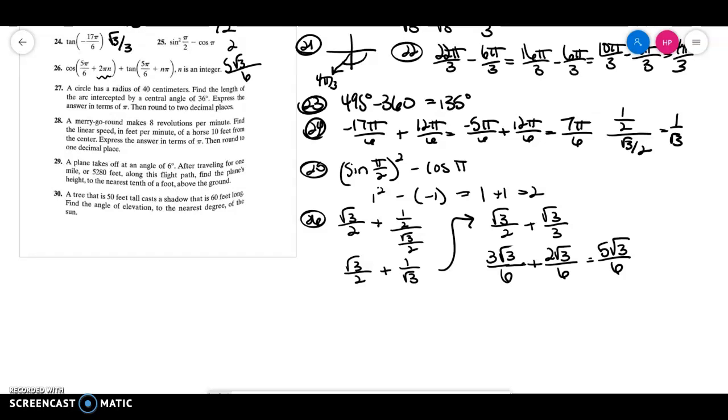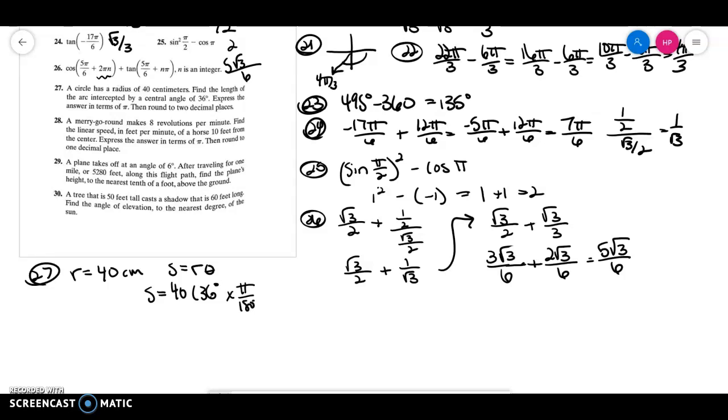27. If a circle has a radius of 40 centimeters, and I want the length of the arc, so S is r times theta, but theta's in radians, and this is giving me a central angle of 36 degrees. That means that when I find my arc length S with 40 centimeters, my 36 degrees, I have to convert to radians, which we did by multiplying by pi over 180.